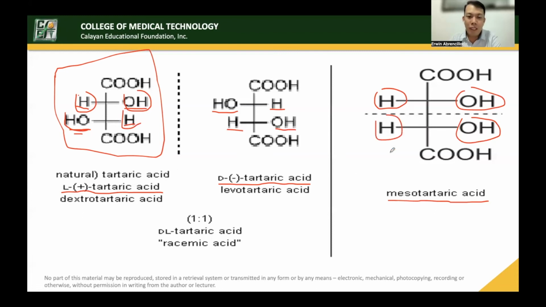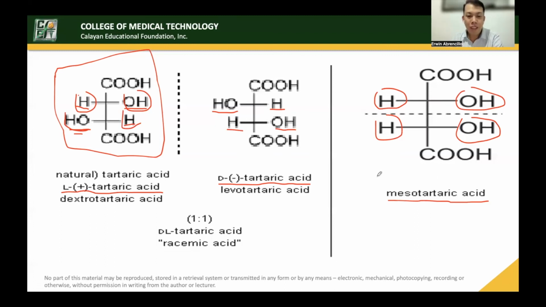Now, though this last part is a mirror image, the entire molecule, because of this structure here at the bottom, the second carbon, is not a mirror image of the original. Therefore, it is known to be a diastereomer.